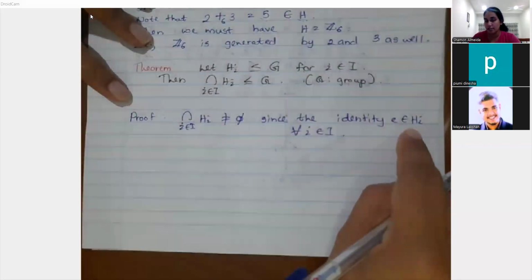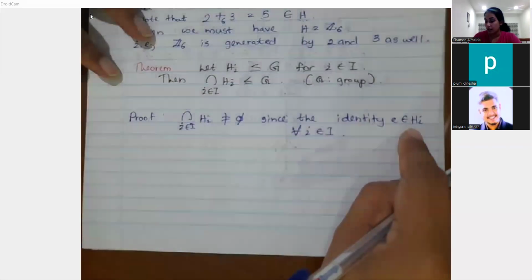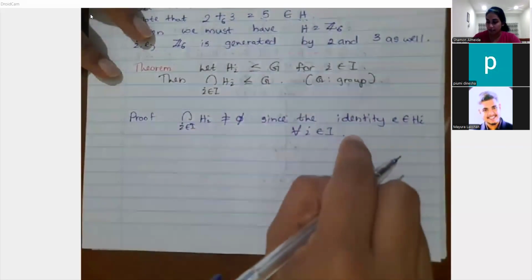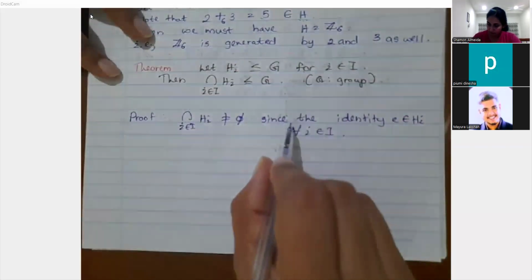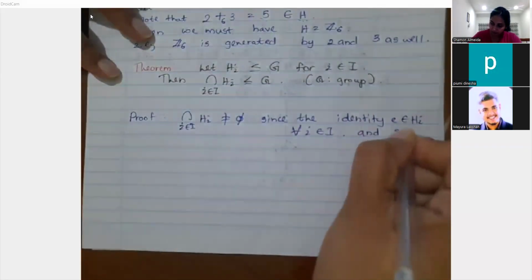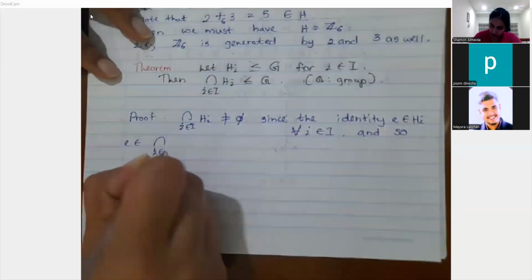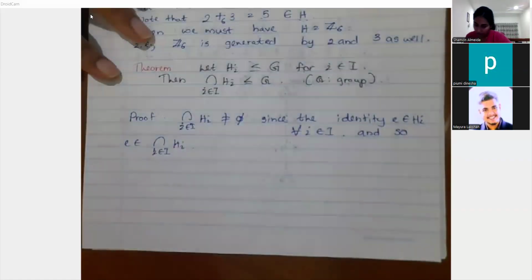Each Hi is a subgroup, so it's a group of its own. Identity is in there. Therefore, the intersection also contains the identity. So the identity is in the intersection. It's not empty, right?